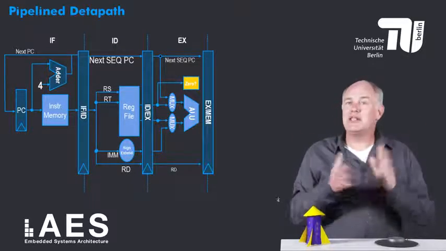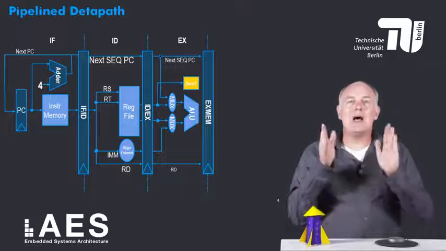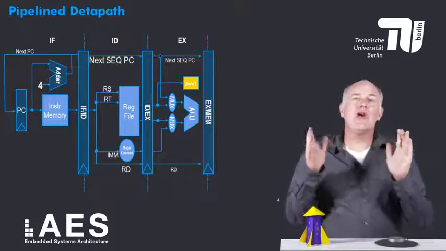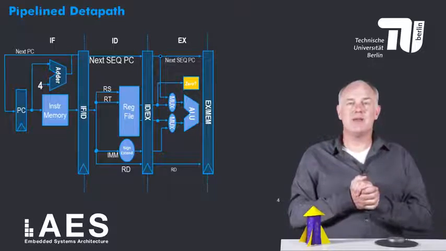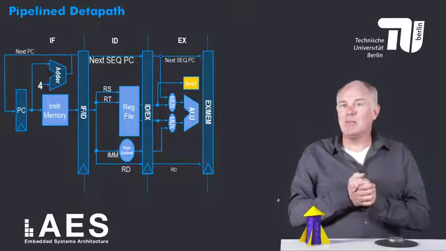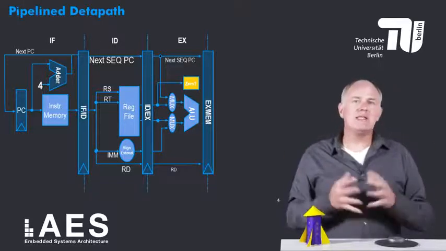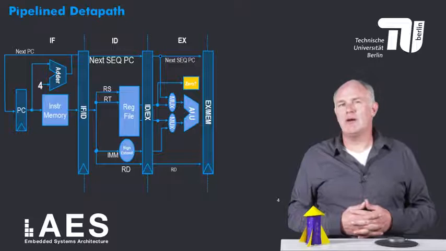Finally, for branches, it computes the target address by adding the next sequential PC, PC plus 4, to the offset contained in the instruction. This offset is multiplied by 4 since it corresponds to a word offset, but for simplicity, this is not shown in this figure.